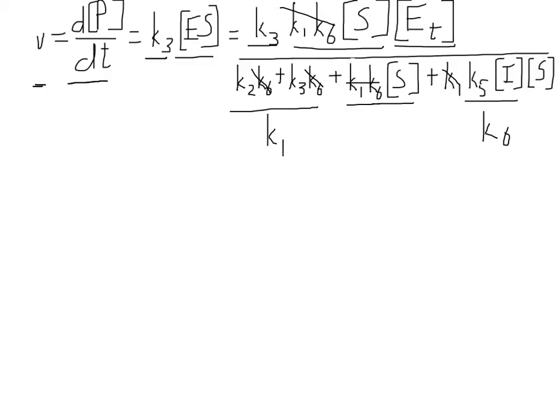It's a little messy. We're going to say the velocity is equal to K3, and I'm going to write ET next to it because we're multiplying everything in the numerator. The order is not important, but the order will help us make connections to what we've seen previously.